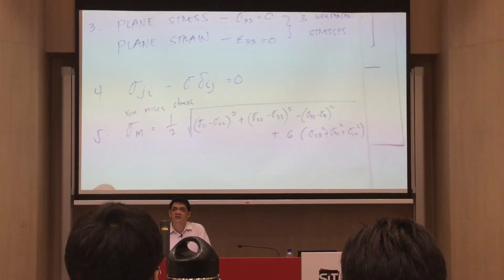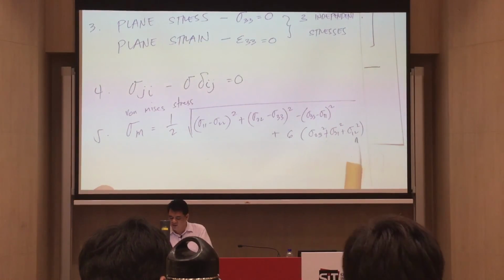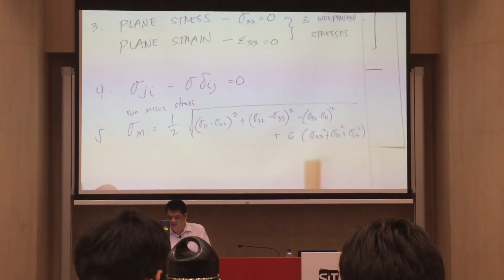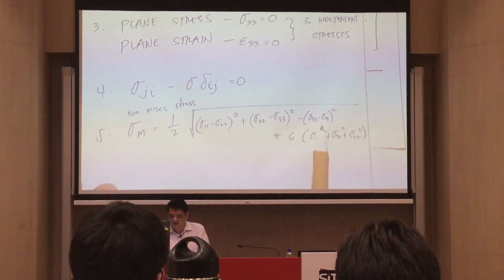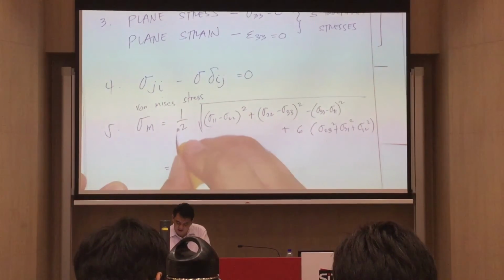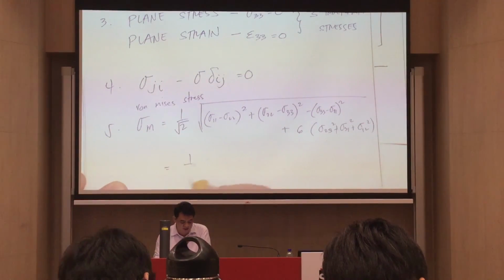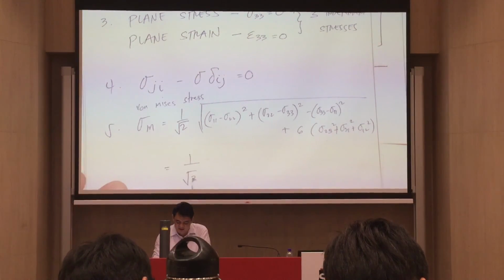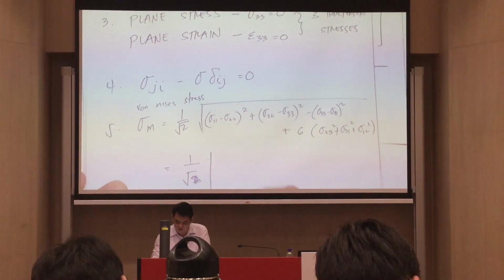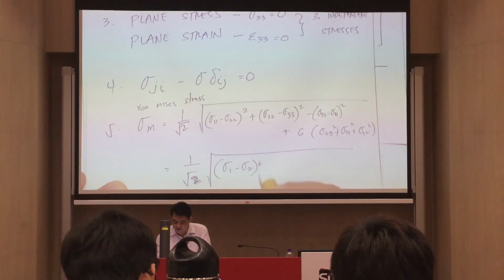Yeah, that's plus 6, sigma 23 squared, sigma 31 squared, sigma 12 squared. So these are the shear terms, and these are the normal stresses. Of course, this can also be equivalent, sorry, that's 1 over square root of 2. So this one can also be solved using the principal stresses: 1 over square root of 2, sigma 1 minus sigma 2 squared.